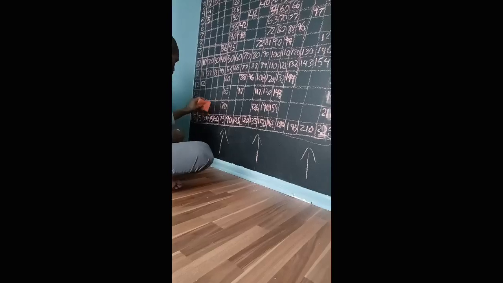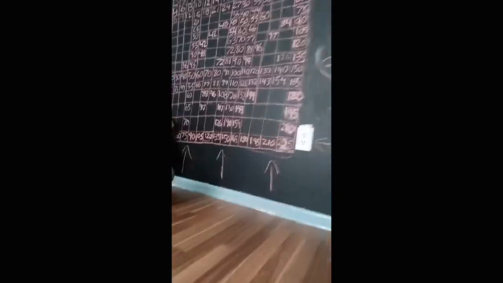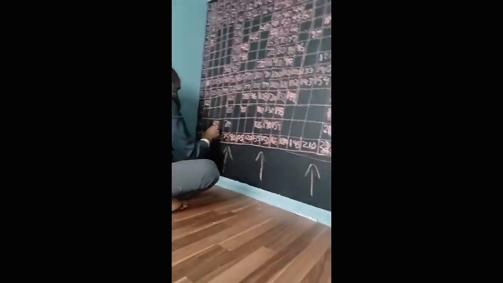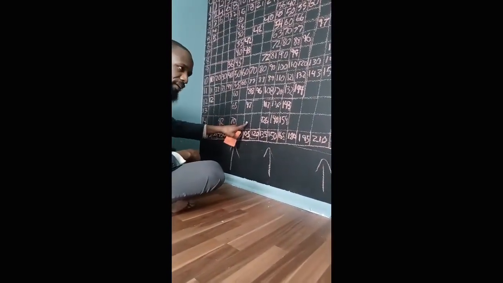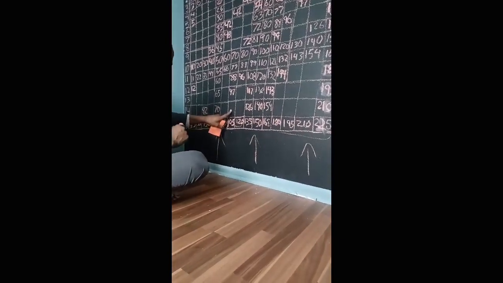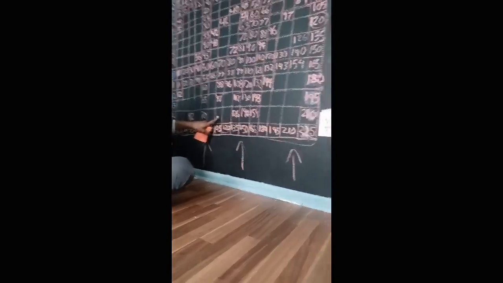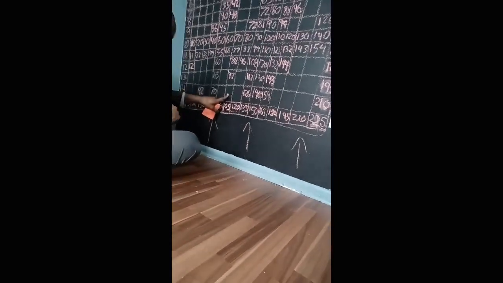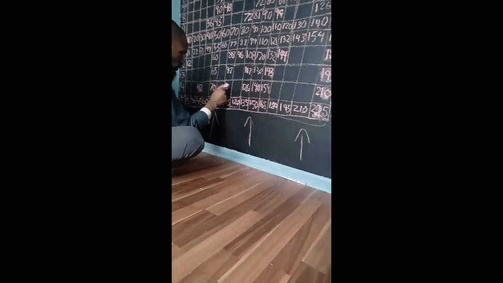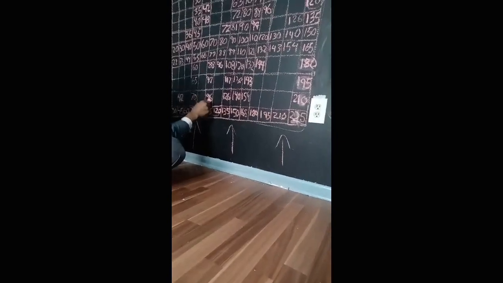4 took over the whole cell. 4, 2. Now, what's this? 7 times 14. Ooh, I like that. 7 times 7 is 49. Times 2 should be 96. Yeah?